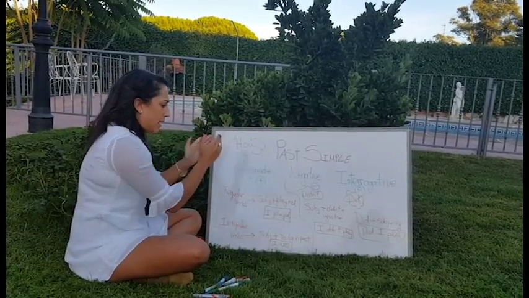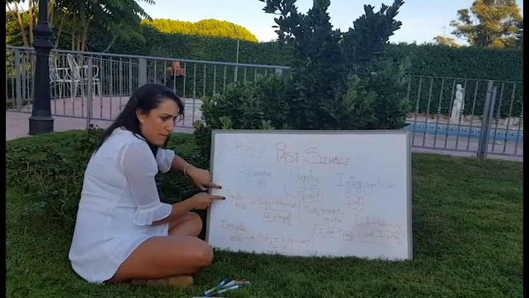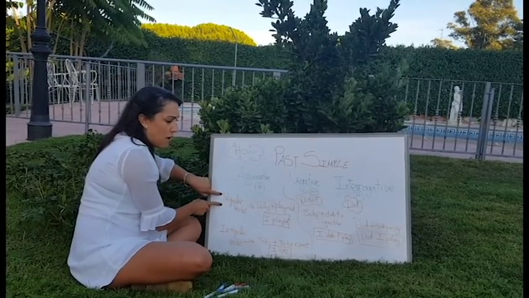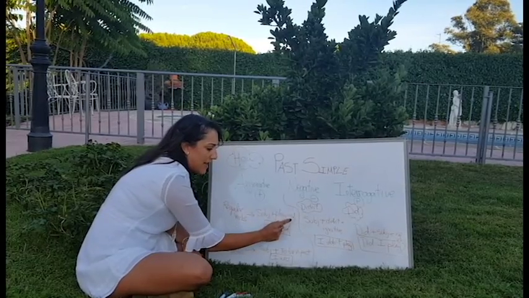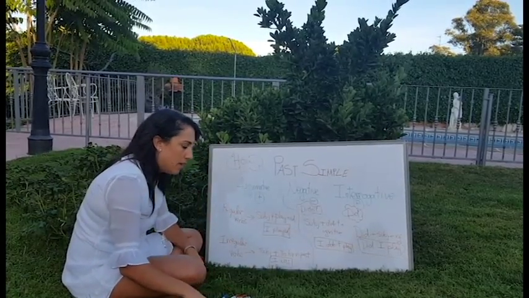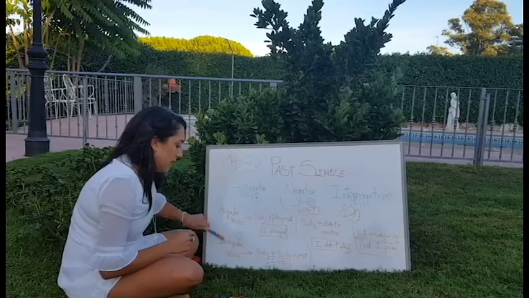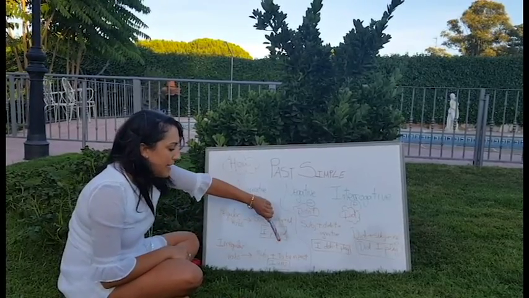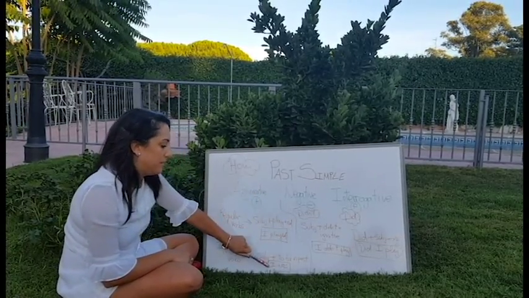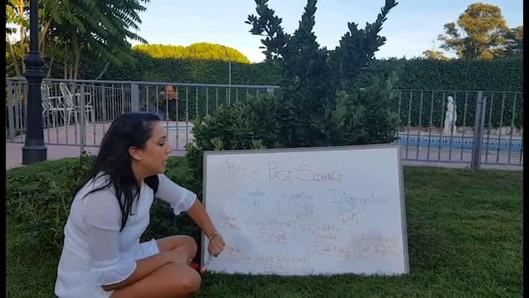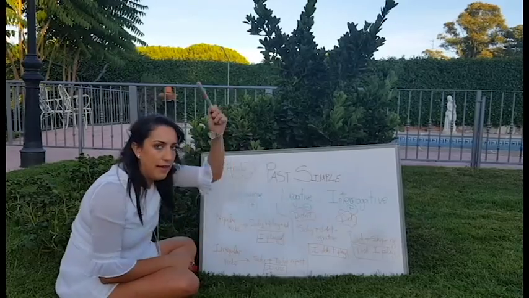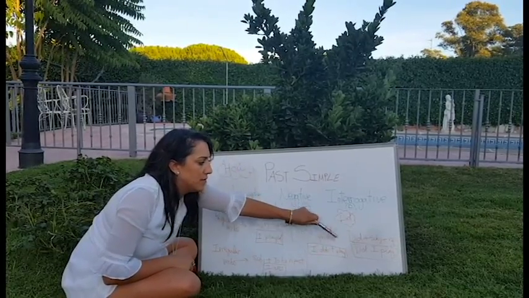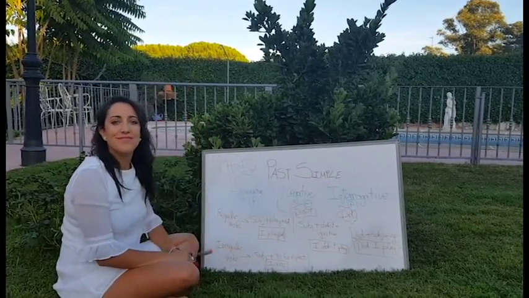Past simple, affirmative, regular verbs, irregular verbs. Regular verbs, subject plus the verb plus ed, okay? Irregular verbs, subject plus the verb in past, that we have to know. Negative, we didn't, I didn't play, and interrogative, did I play, and that's it.